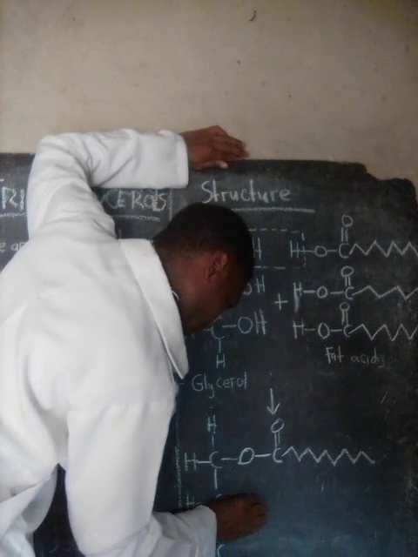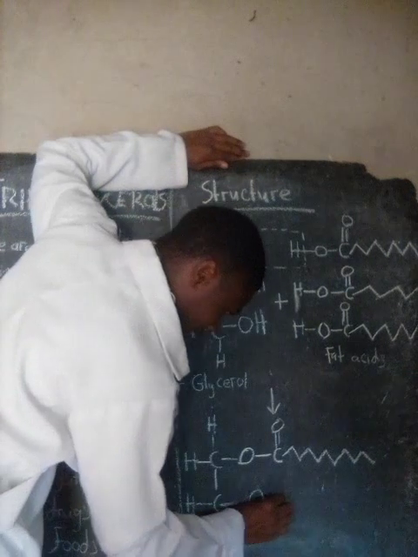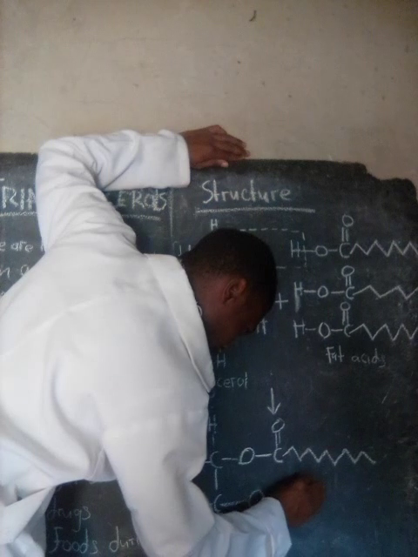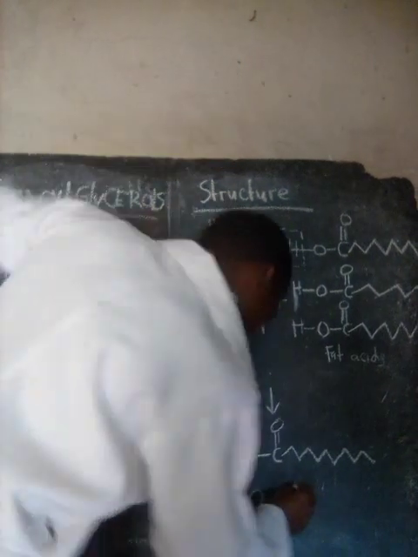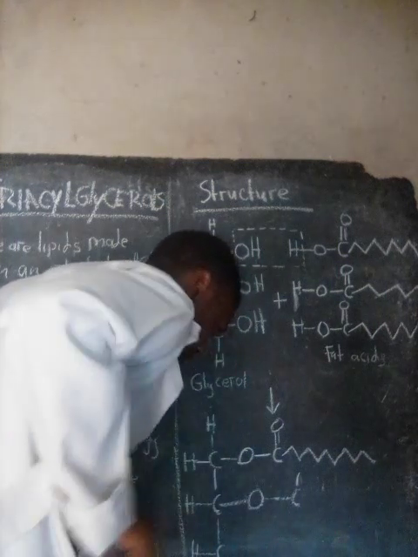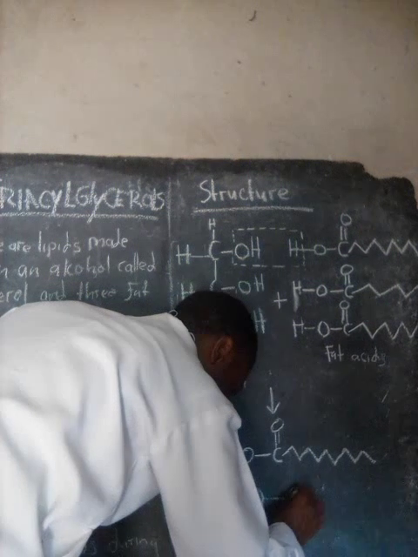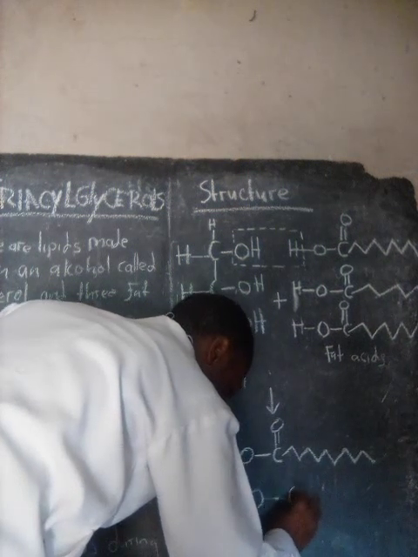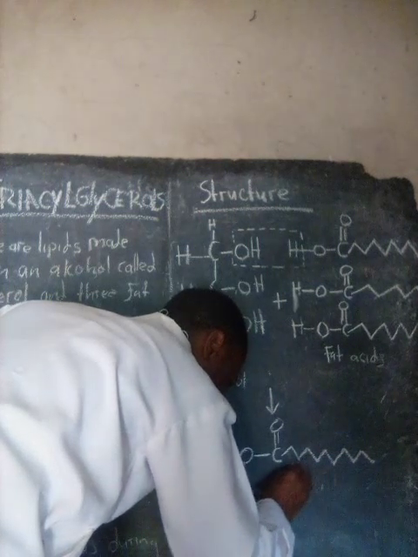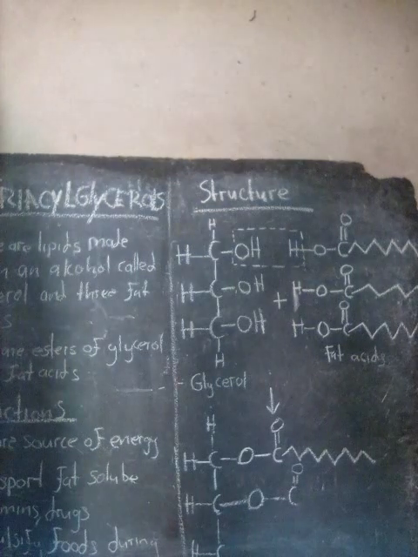Then the next one, oxygen, then attach it to this one, follow my space, make sure that they are evenly spaced. Okay, double bond, then your oxygen, yes, like that.